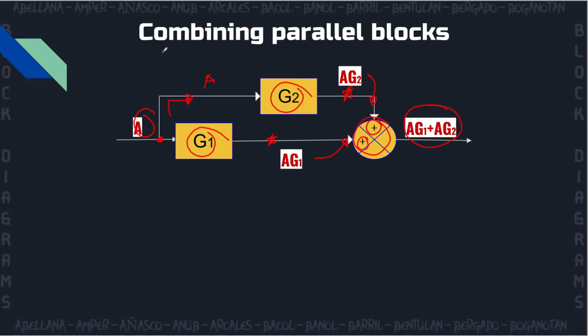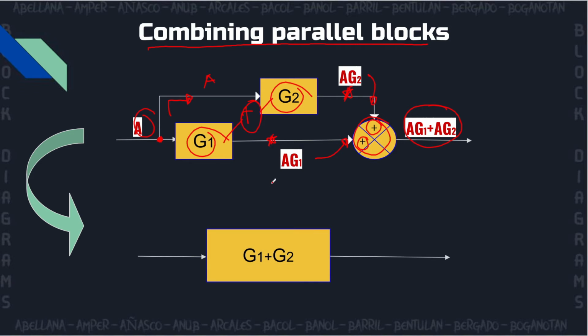Okay, so when combining parallel blocks, all you have to do is simply add the two transfer functions. So here, instead of having two blocks, G1 and G2, we have a single block with a transfer function G1 plus G2.